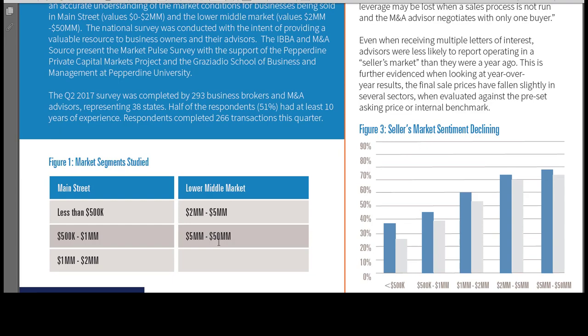They break the businesses down into what they call Main Street and lower middle market. Now, this is not turnover, this is the value of the company. And they've subdivided it further into less than $500,000 in value, $500,000 to $1 million in value, $1 million to $2 million in value. And these companies are going to be the most interesting to us. And then what they call lower middle market into two categories of $2 to $5 million and $5 to $50 million in value.